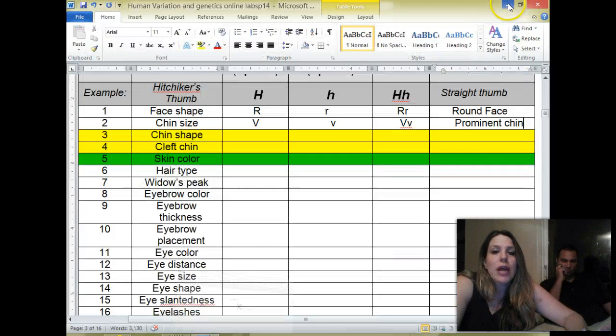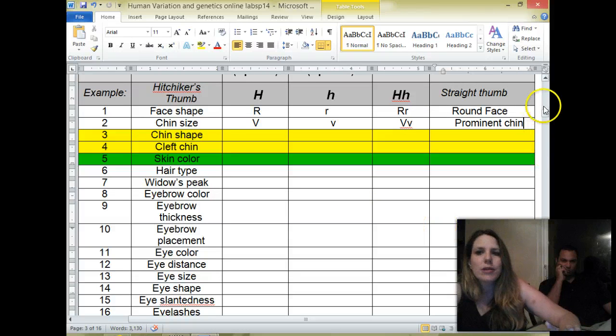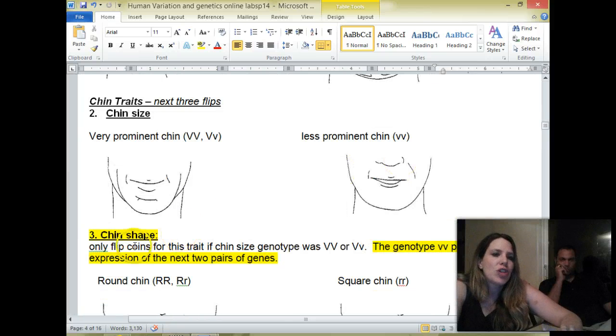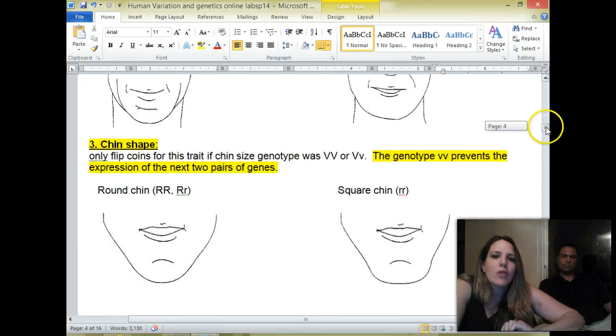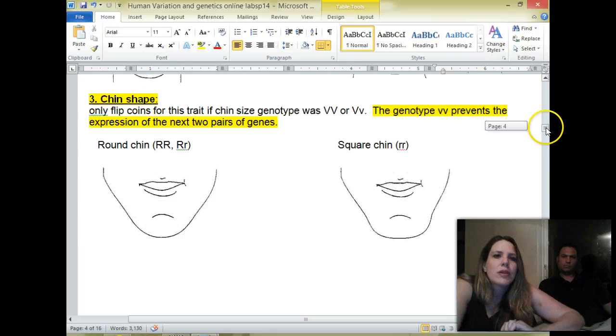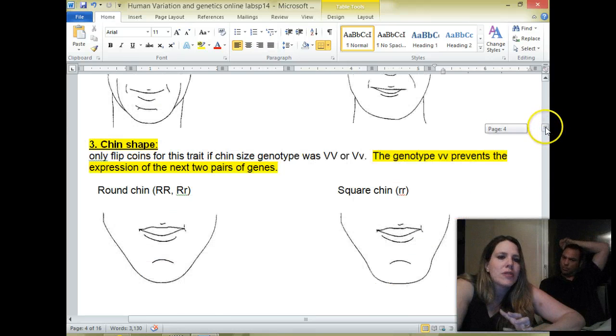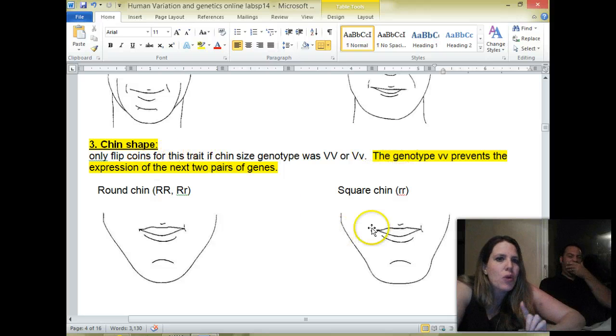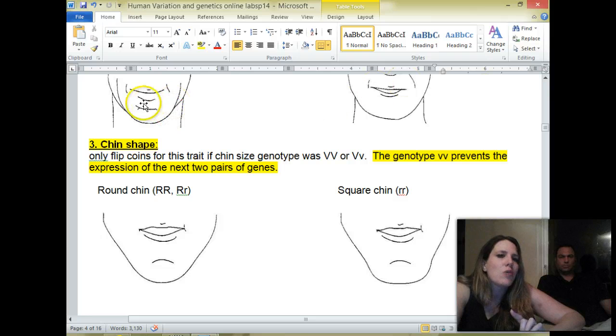So if we go back to our lab handout, we see that that's what's going on here. Let's scroll down to the handout. Notice that, and I actually have these backwards, in order to inherit the shape of chin you have, it depends on what size chin you got. It says you only flip the coin for chin shape if the chin size you got was homozygous dominant or heterozygous.